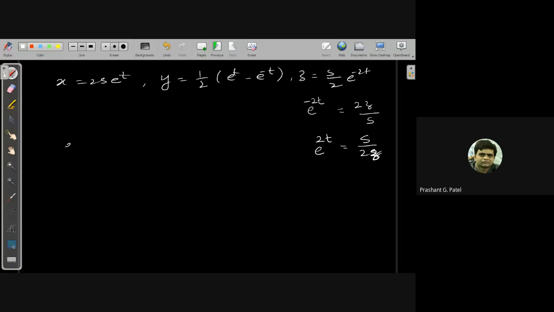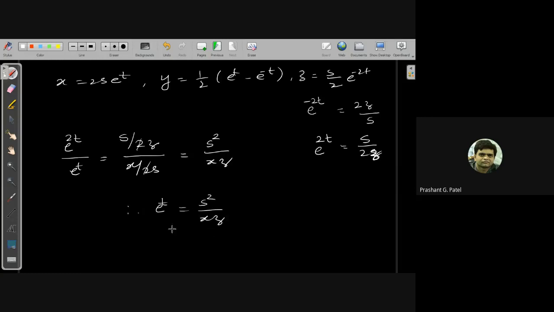If I take the reciprocal, the value of e^(2t) I can put as s/2z, and this is x/2s. This 2 gets cancelled. So we'll have s square upon xz, and so this will give me e^t is s square upon xz.